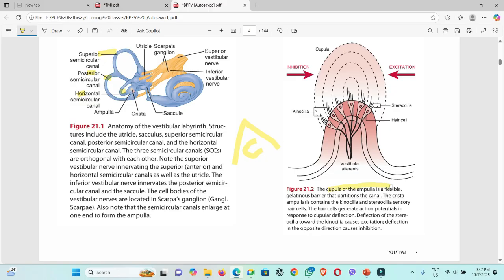The cupula of ampulla is flexible. So this is cupula, inhibition, excitation. There are small cilia, which will detect motion, movement of fluid. Stereocilia, kinocilia, hair cell. No need to remember, guys, just basic idea.